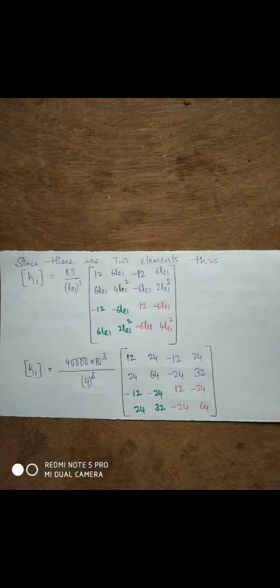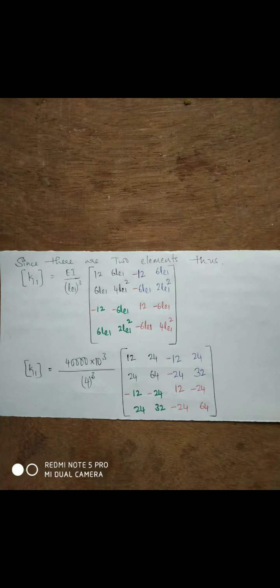That is 40,000 kilonewton per meter square is equal to 40,000 into 10 to the power of 3 Newton per meter square, as well as the magnitude of LE1 is substituted as 4 meter. Every number is in the same SI unit system.